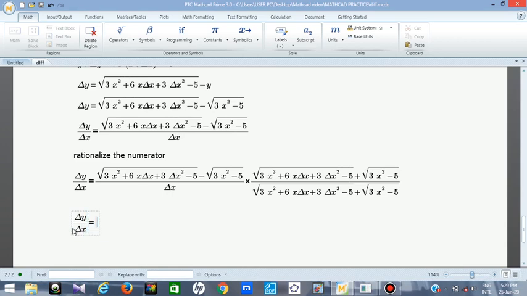This will now be equal to only what we have inside the bracket, which is 3x squared plus 6x delta x, then plus 3 delta x squared, then minus 5.